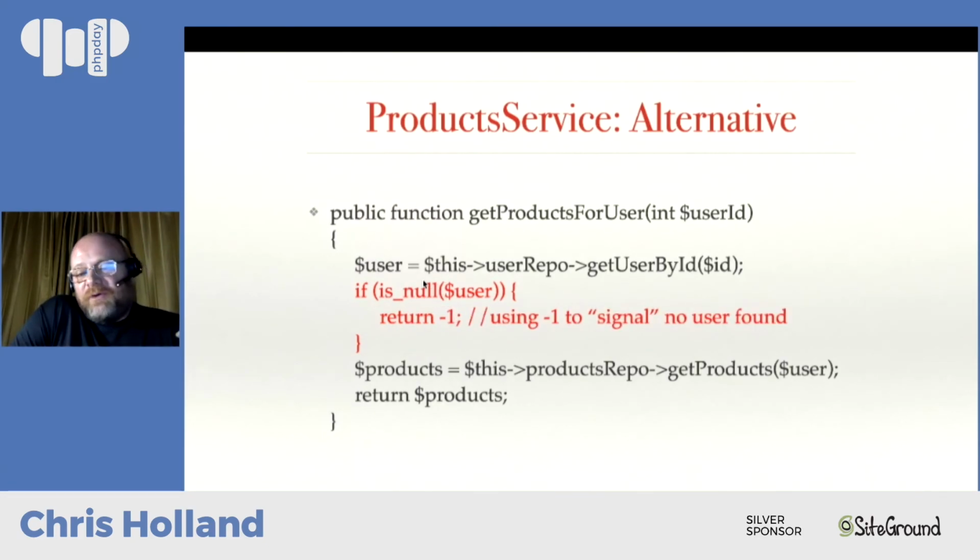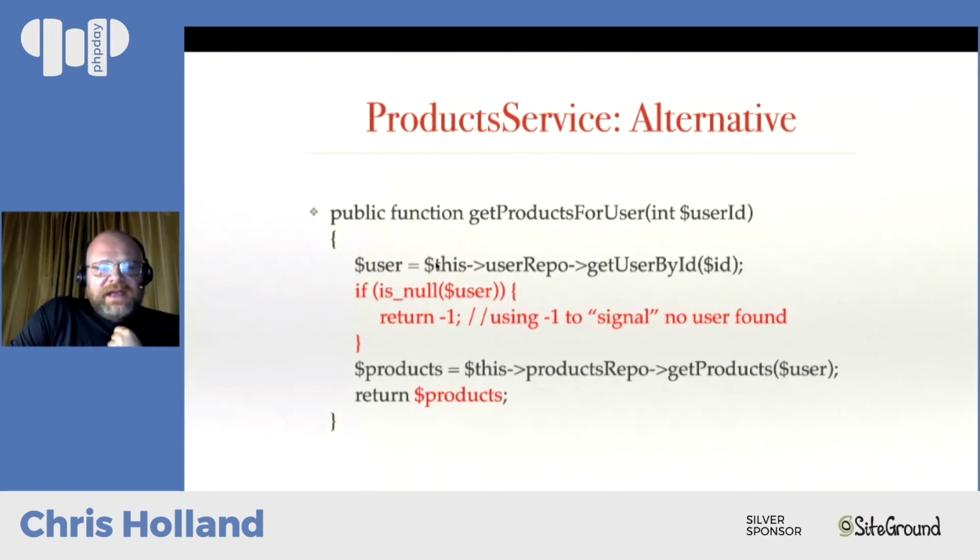I could say that -1 is a special integer to signal the fact that no user was found. Because returning an empty array is confusing, and returning null could also be misinterpreted. So maybe -1 might be better interpreted. At least you use some kind of convention.